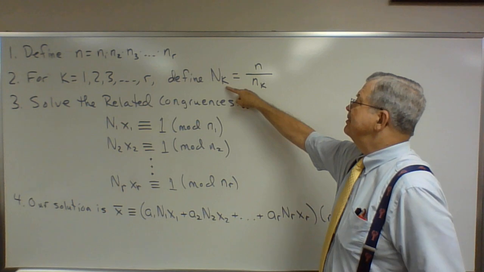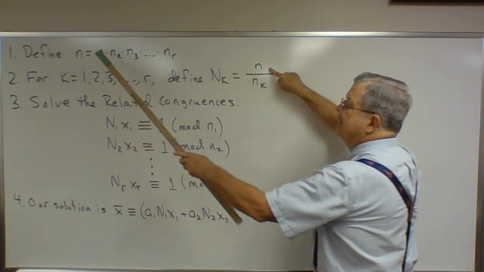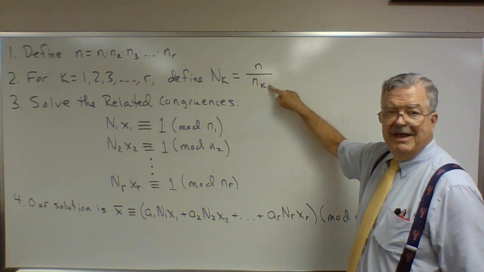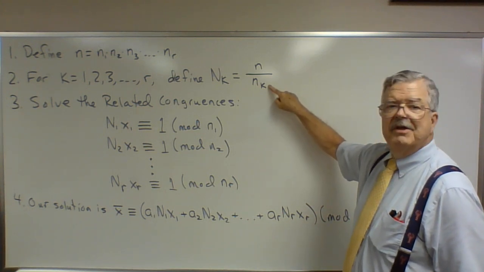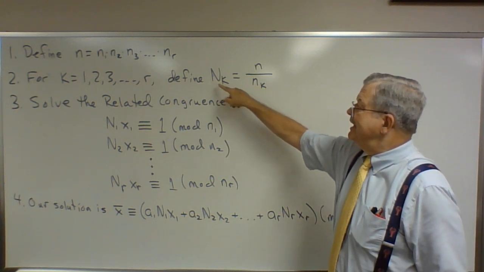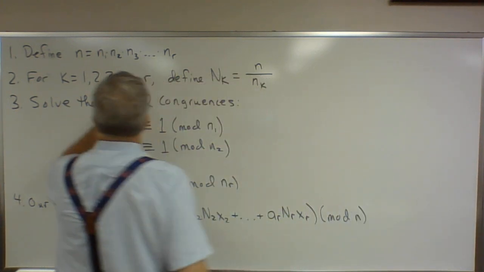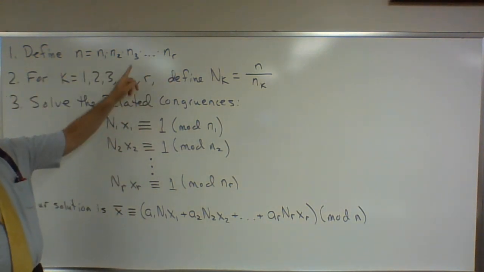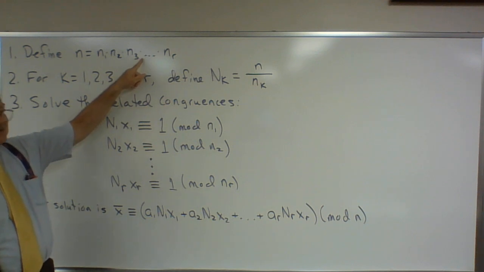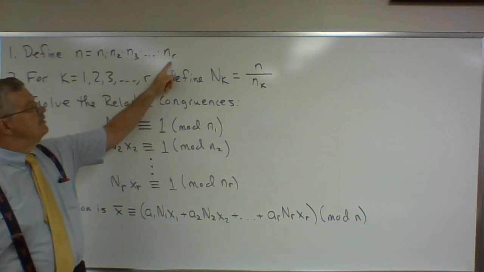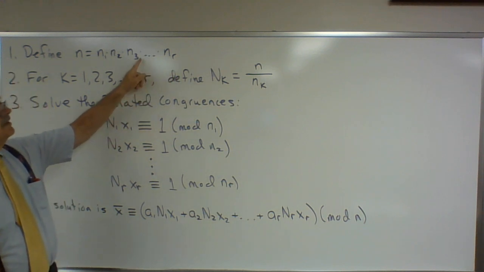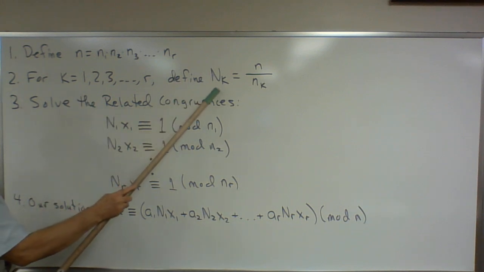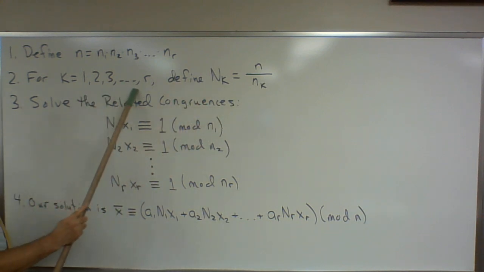Capital N sub k is this number n divided by lowercase n sub k. If we think about this for a minute, capital N sub k is the product of all of these things except lowercase n sub k. And we compute capital N sub k for k equal 1 through r.